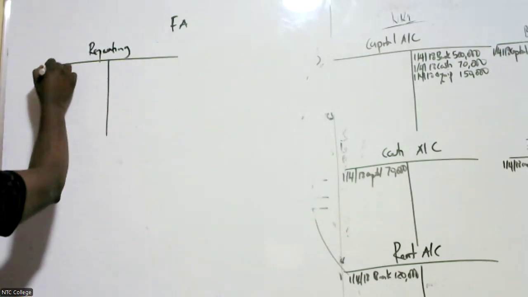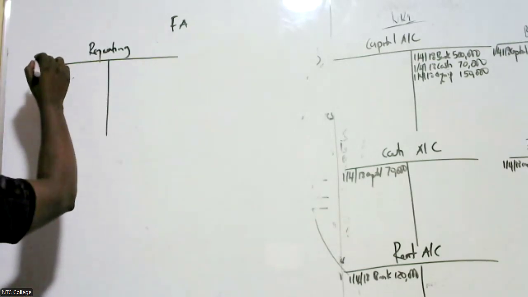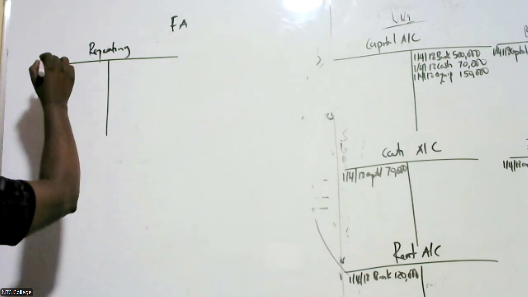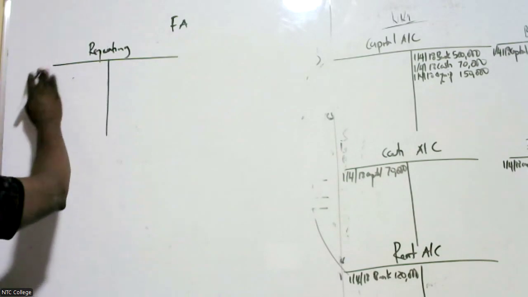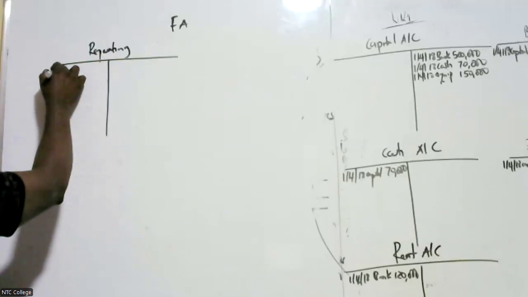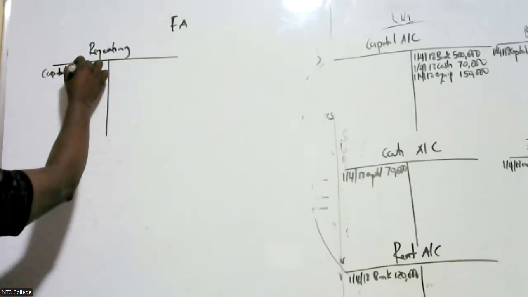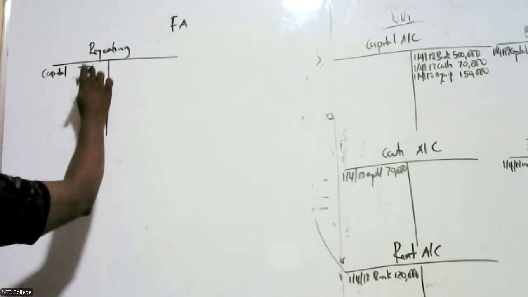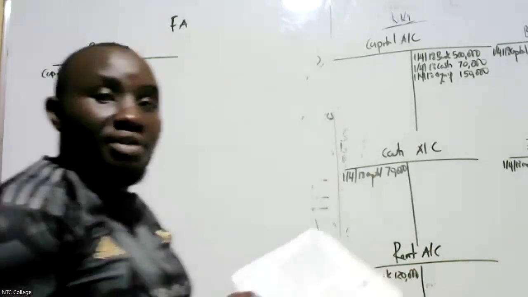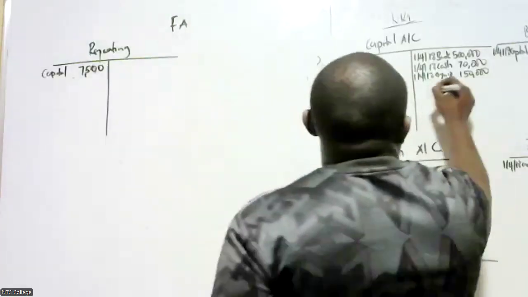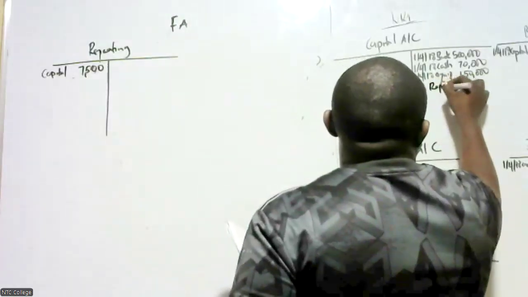So we have one that was on the date during the year. During the year, we're not told the date. We can just have it in order to capital. It basically came from capital. Capital, that's 7,500. So on the capital, we have repaint. We just call it repainting.